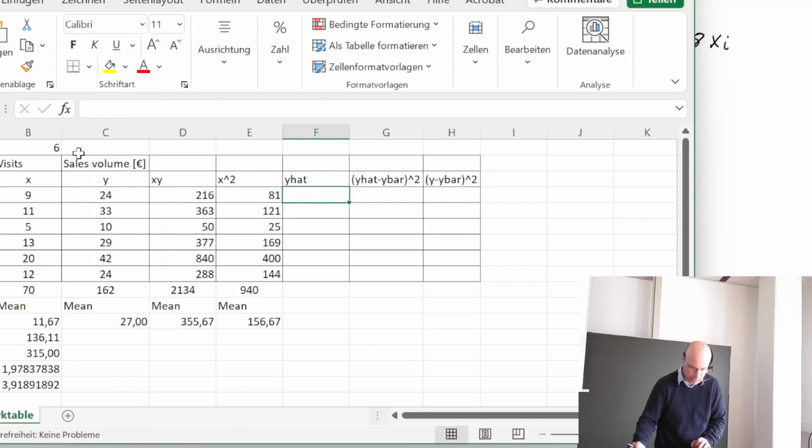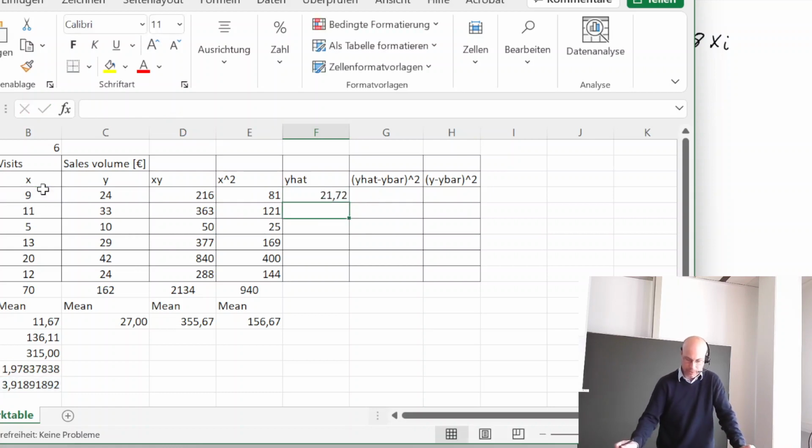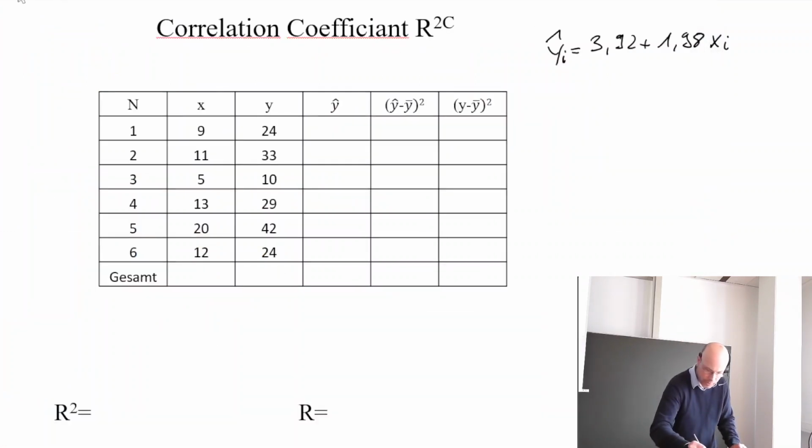Again, this is A plus B times 9. For this, we obtain 21.72. So let's write it here.